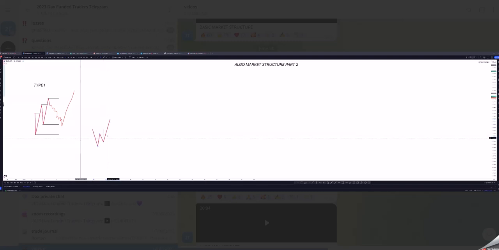Before price breaks this main structure here, price creates this low, then eventually breaks the structure. So in this scenario, this right here is our A, this is our B, and this high is our C.